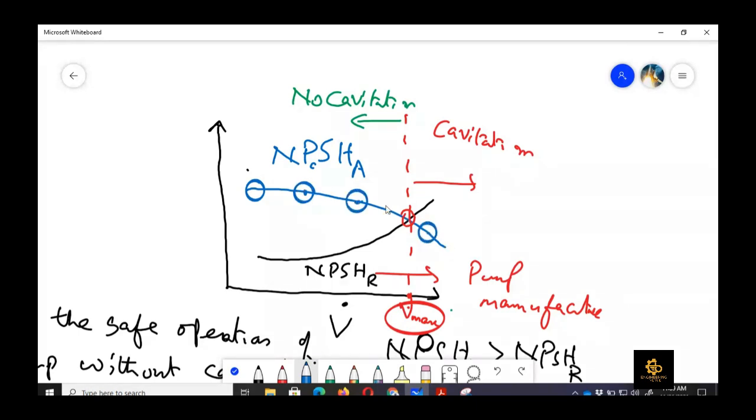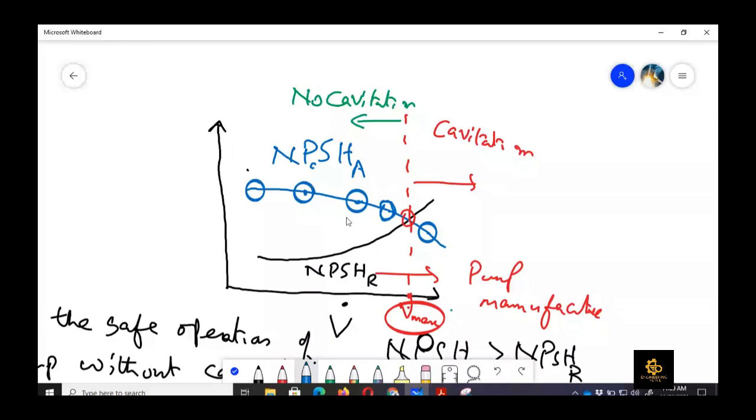Like this. So maybe 4, 5, 6 points. You can write a small program for that, or you can use an Excel file, so that once we have got this curve from the manufacturer, which is the black curve, NPSH required, and NPSH available, we need to calculate it at different volume flow rates. For instance, we have calculated at 400 gallons per minute.